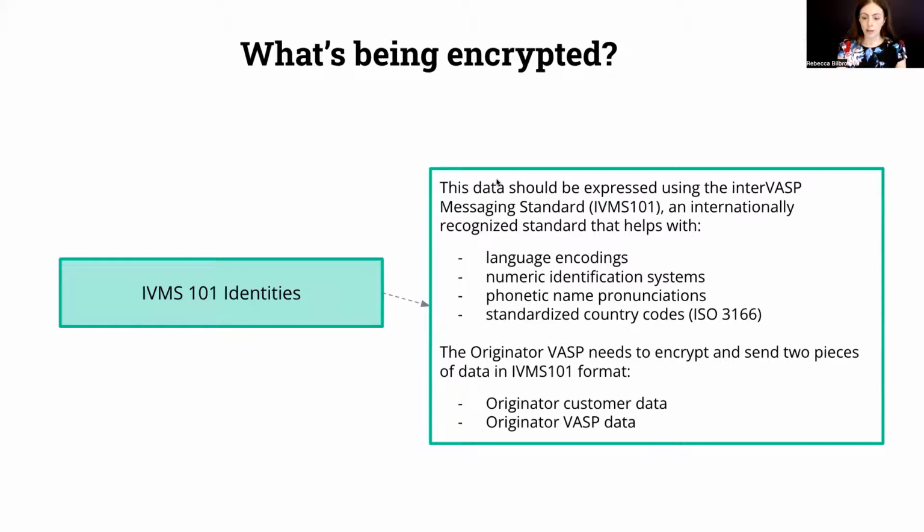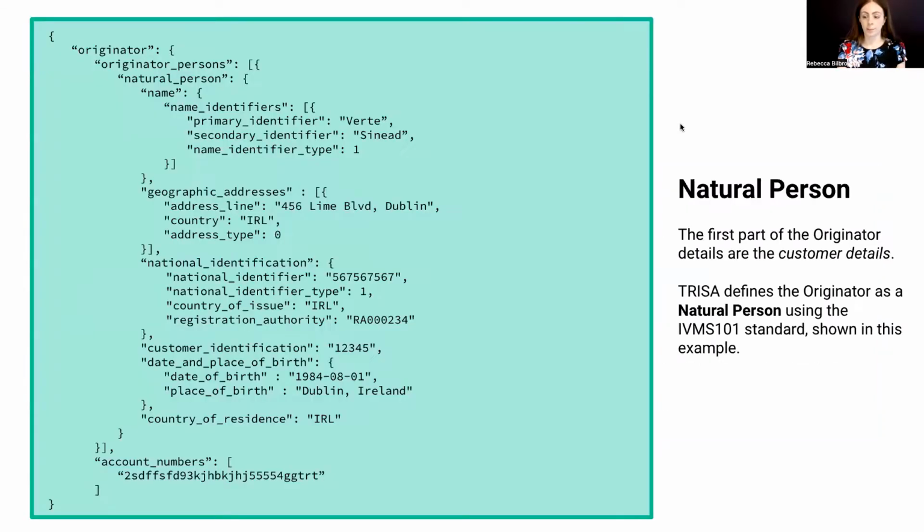The originator VASP needs to encrypt and send two pieces of data in IVMS 101 format, the originator customer data and the originator VASP data. The first part of the originator details are the customer details. TRISA defines the originator as a natural person using the IVMS 101 standard, shown in this example.